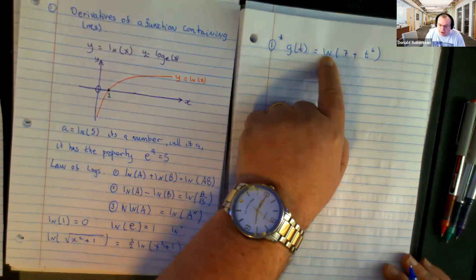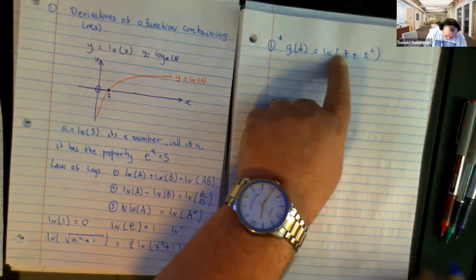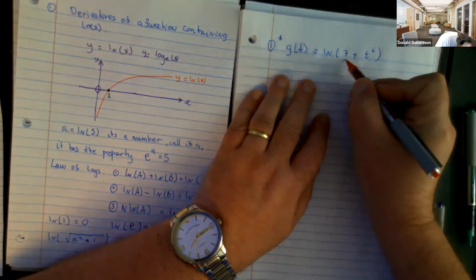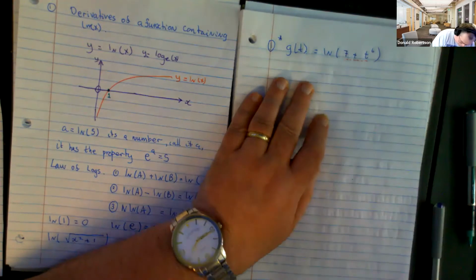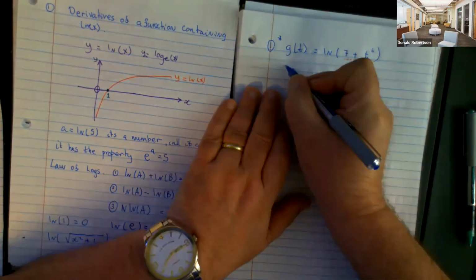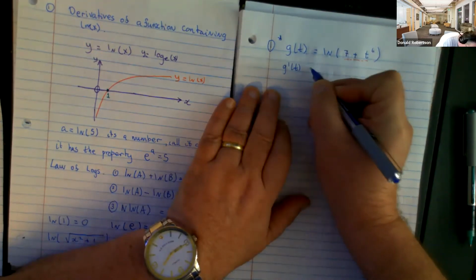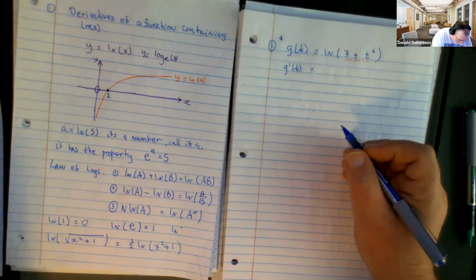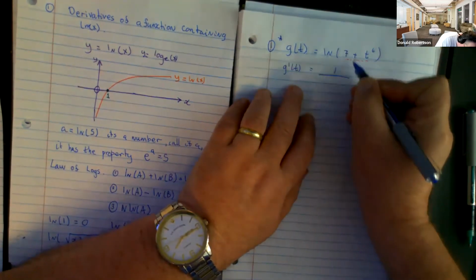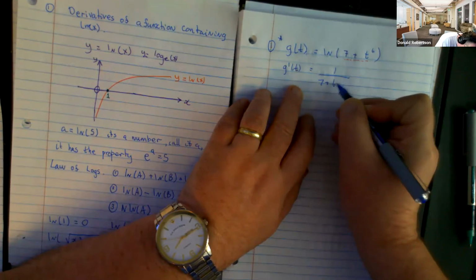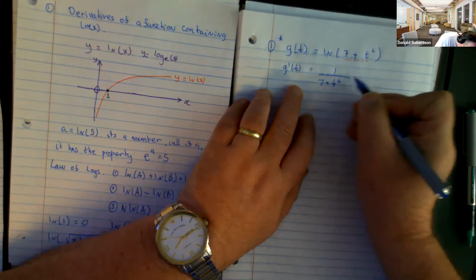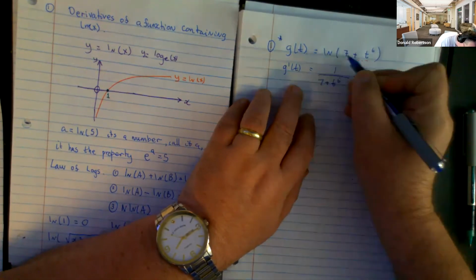This is the natural log, and this guy in here is my inside function. So I'm going to be using the chain rule. The derivative is 1 over the inside function times the derivative of the inside function.